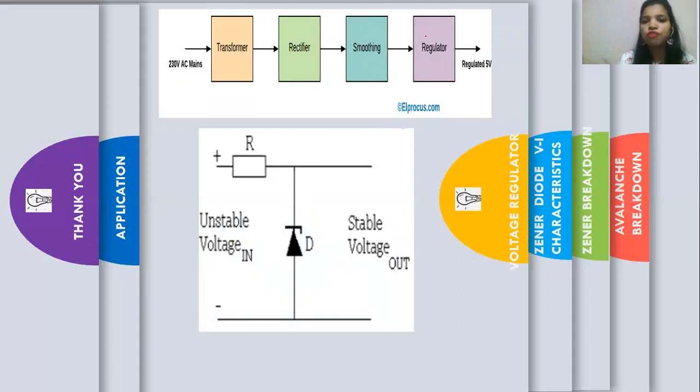But what is the role of the regulator? Whatever the variation of the input supply, there should be a constant output voltage, for example 5 volt, 10 volt, whatever you want. If you want constant output voltage, then a regulator is required. Whatever the variation in the input voltage, the output should be constant or stable. So our Zener diode behaves like a regulator.